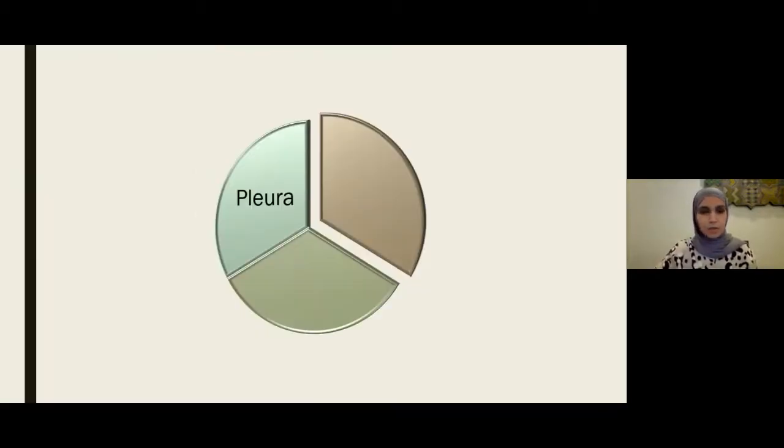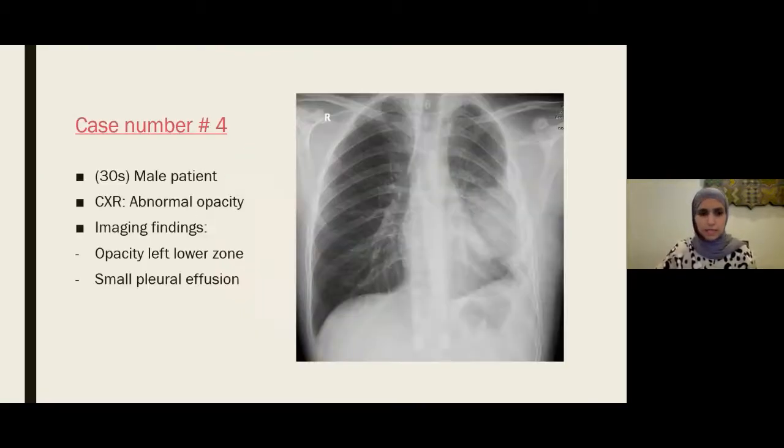Second part of the talk is about pleural disease. We have a chest X-ray of a 30-year-old male patient with abnormal opacity noted in the left hemithorax associated with blunting of the left costophrenic angle, raising the possibility of pleural effusion, either exudate, transudate, or a pus collection.